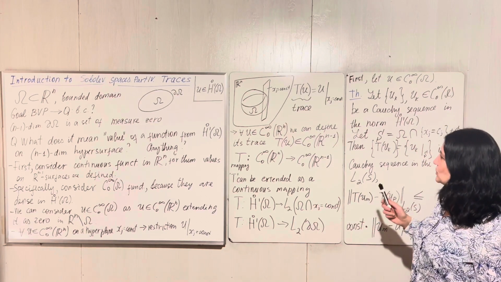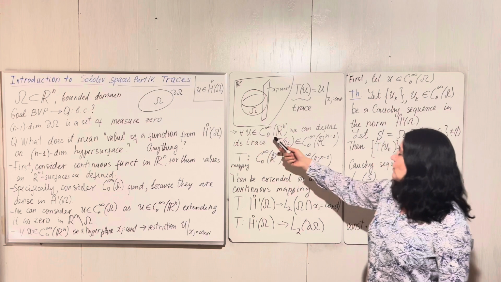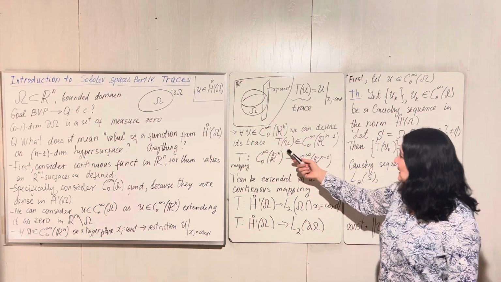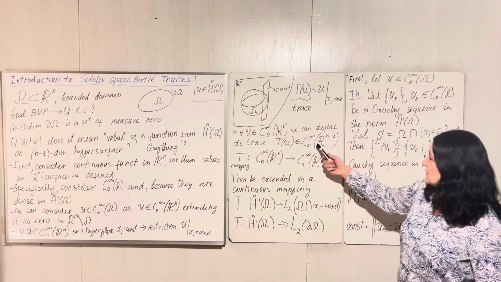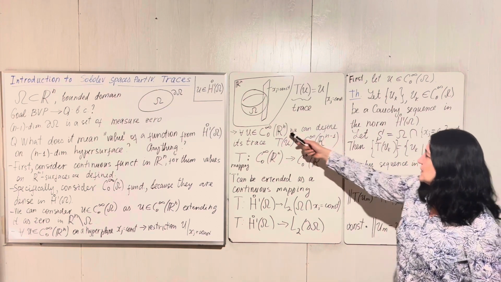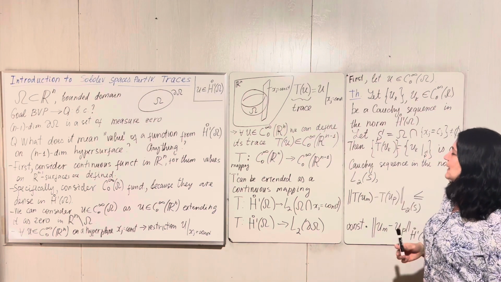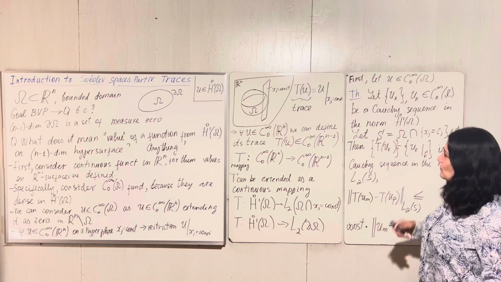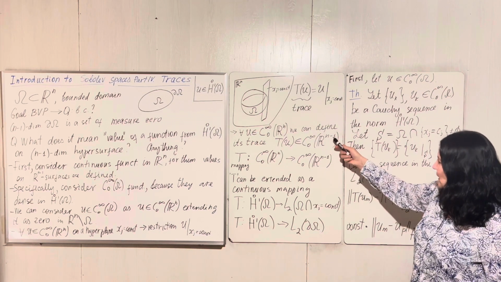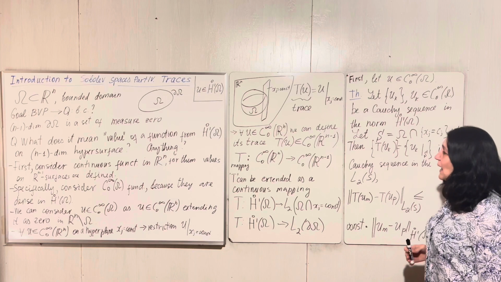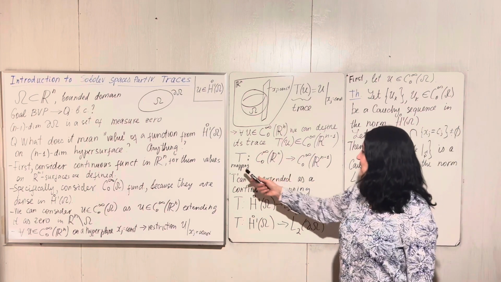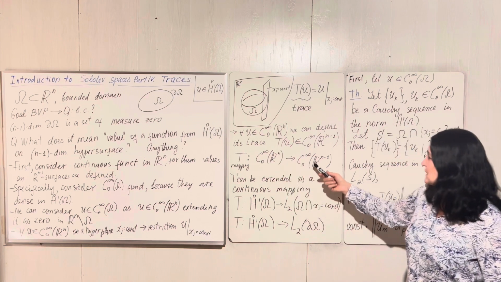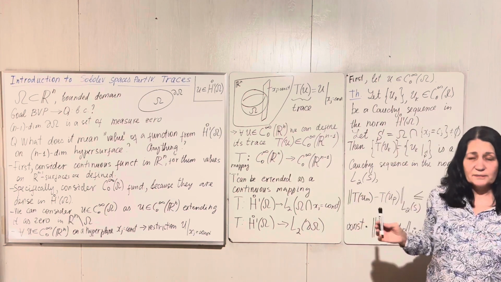So what is the conclusion? For any function u from C0 infinity, we can define its trace, and it will still be C0 infinity, but on a space of codimension 1. So we can think of T as a mapping from C0 infinity of Rn to C0 infinity of Rn minus 1.